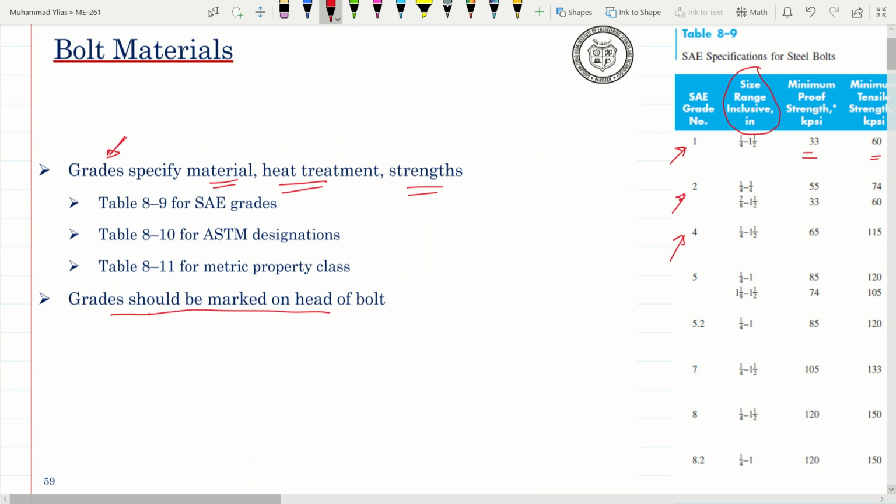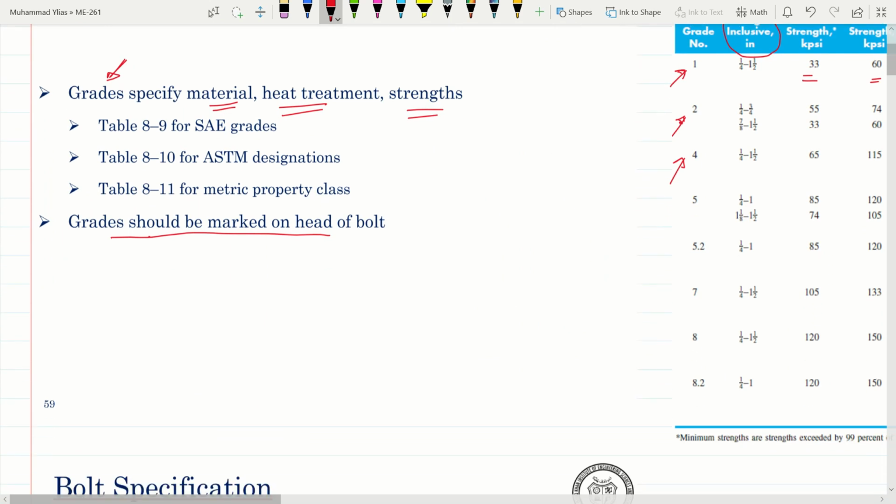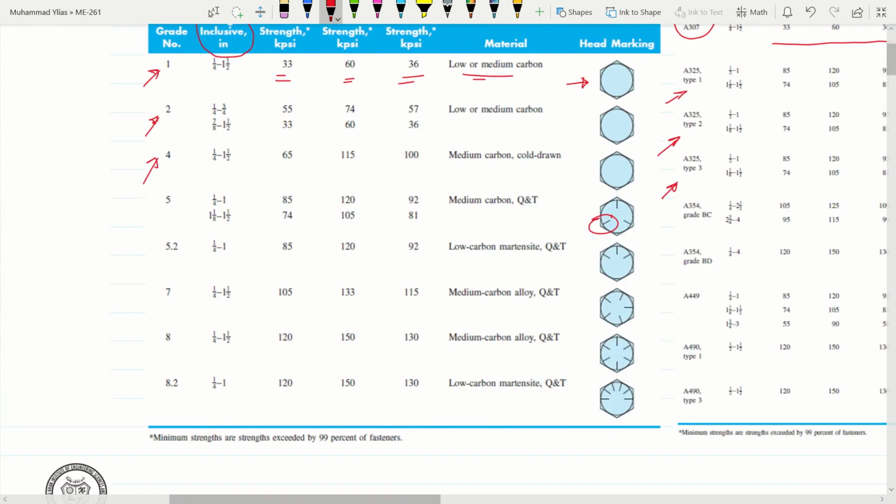There is one more statement which is of interest.